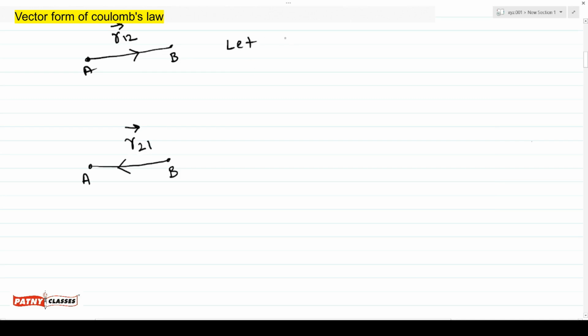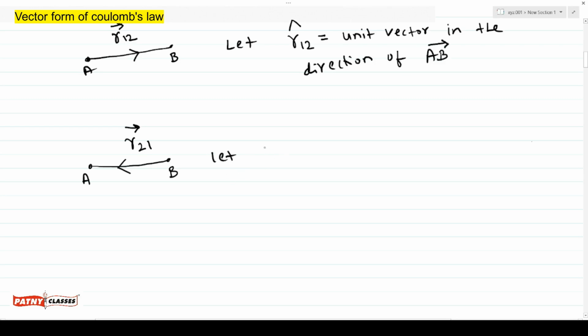Now let R12 cap be the unit vector in the direction of vector AB, and let R21 cap be the unit vector in the direction of vector BA.